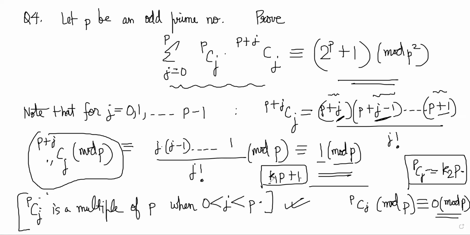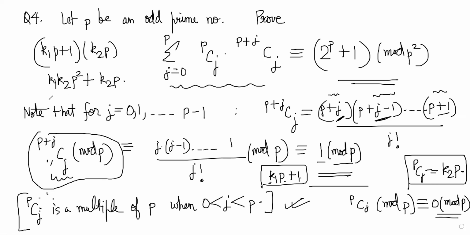So K1 is an integer, K1 p plus 1 is the form of this. And we know that pCj is a multiple of p, so it is K2 p. When you multiply these two things together, you get (K1 p plus 1) multiplied by K2 p. You're getting K1 K2 p square plus K2 p, right? And if you take mod p here, you are going to get K2 p, mod p square.